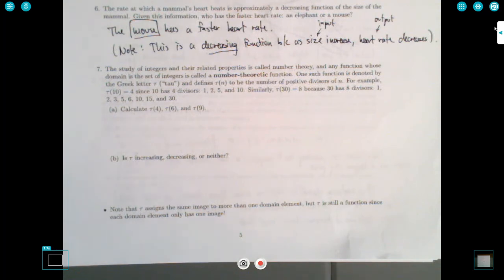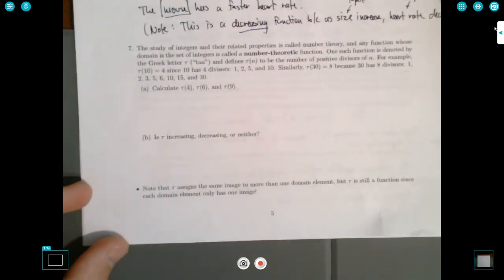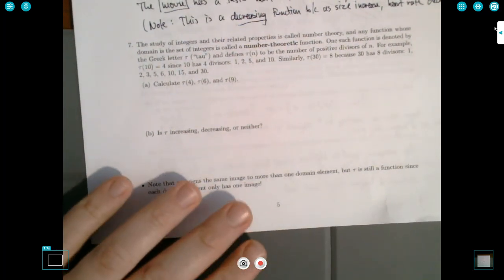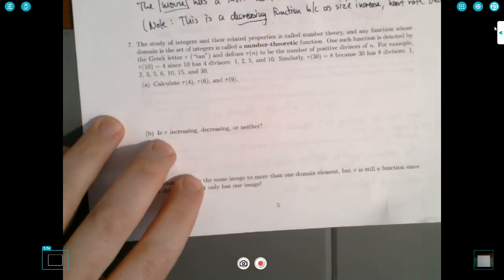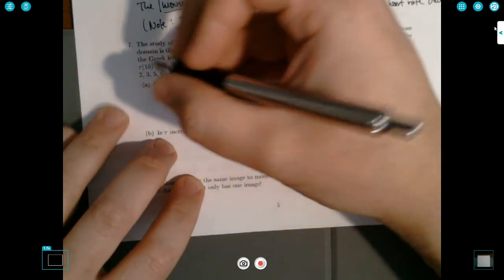Okay, with that in mind, now let's calculate tau of 4, tau of 6, and tau of 9. In order to do that, we need to figure out the divisors of each of these numbers. So, divisors of 4.